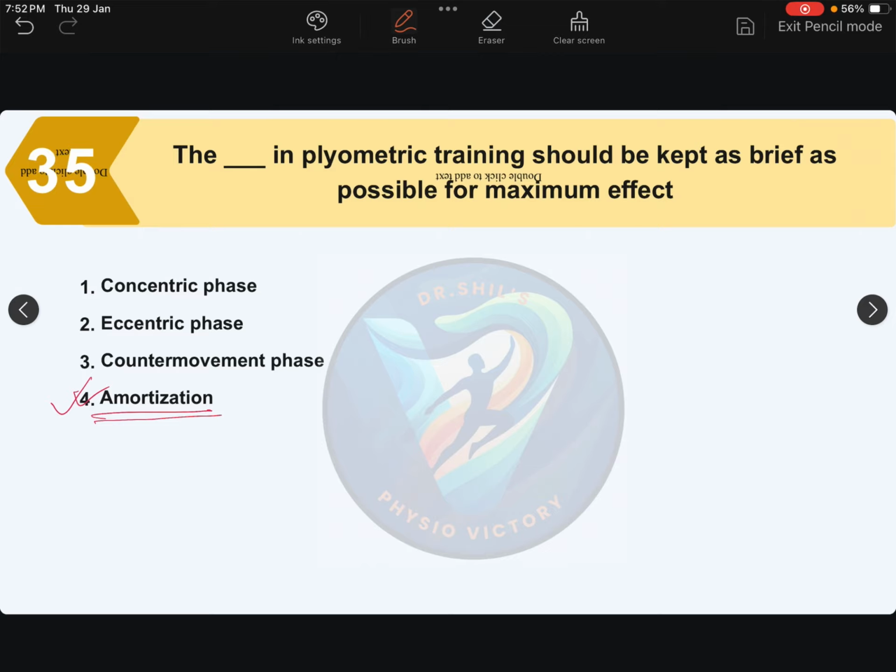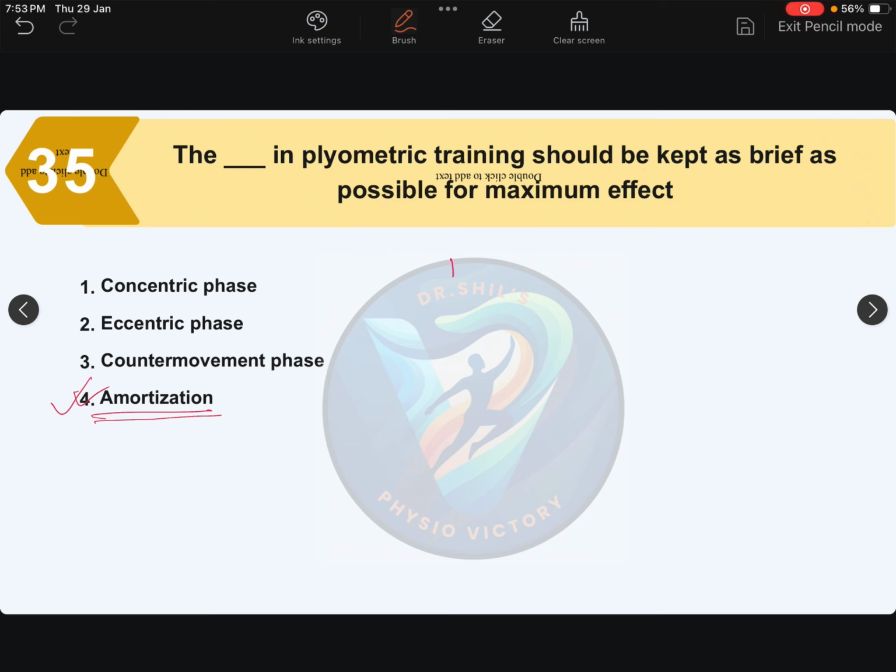Amortization phase is basically something you always try to keep reduced. Plyometric exercises have basically three phases.